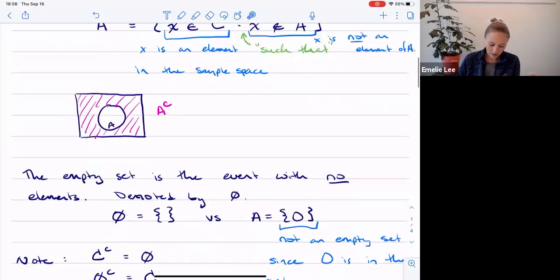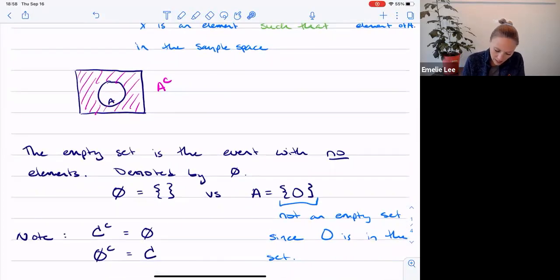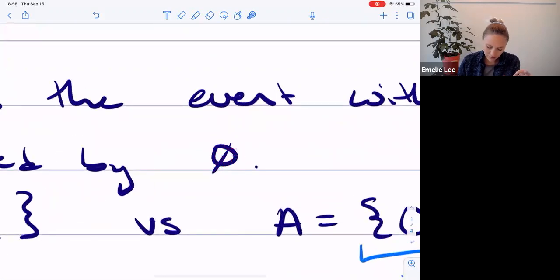Okay. Next thing we want to talk about is the empty set, and I actually forgot to highlight it, so I'm going to do that now. The empty set is the event with no elements. The empty set is a set, so it's a set with no elements, and it's denoted by kind of a null symbol here.